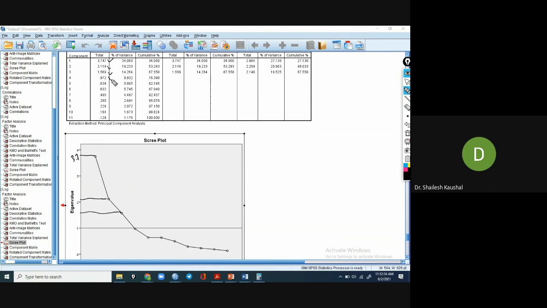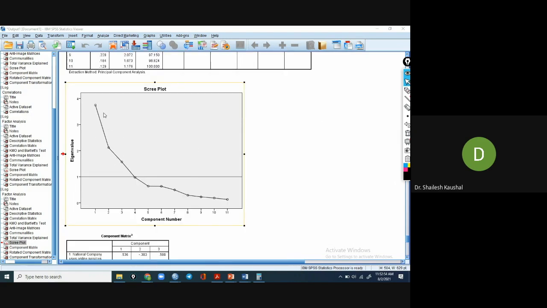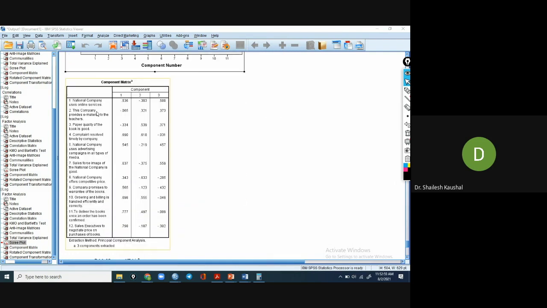The fourth is below the eigenvalue, 0.97. So we retain only 3 factors. The purpose of the Scree plot basically tells us how many factors we should retain in our factor analysis. So only 3 factors we will retain to explain this case study.